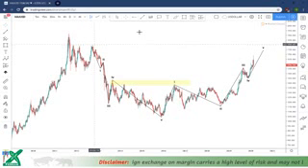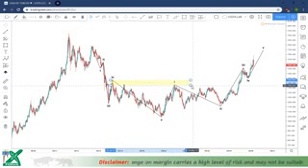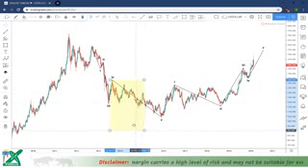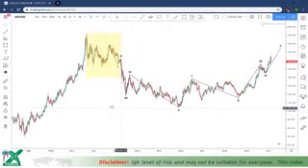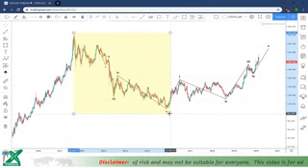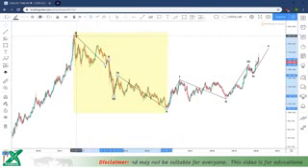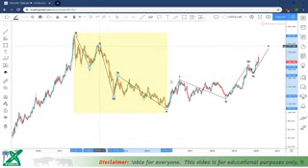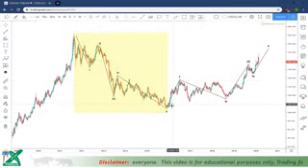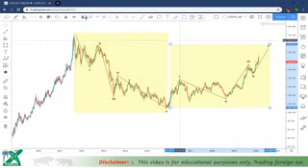So we can call this a bearish market in a lower time frame, from this swing high till this swing high, and we can consider this a bullish market.